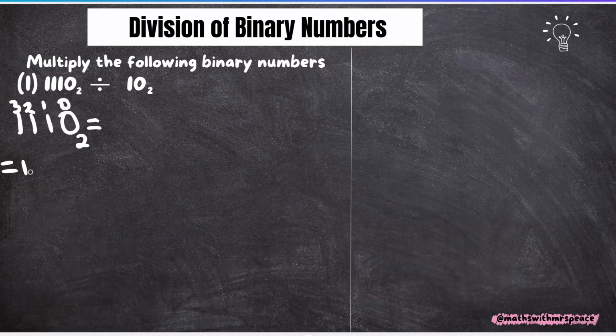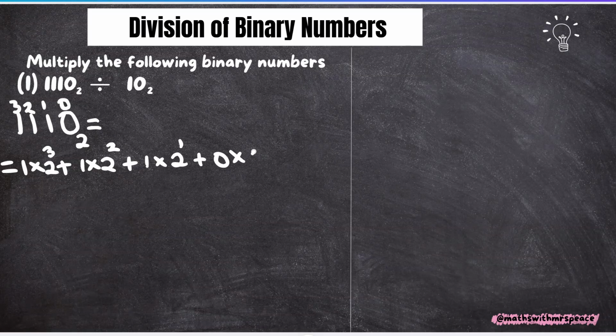So I have 1 times 2 raised to the power of 3, plus 1 times 2 raised to the power of 2, plus 1 times 2 raised to the power of 1, plus 0 times 2 raised to the power of 0.